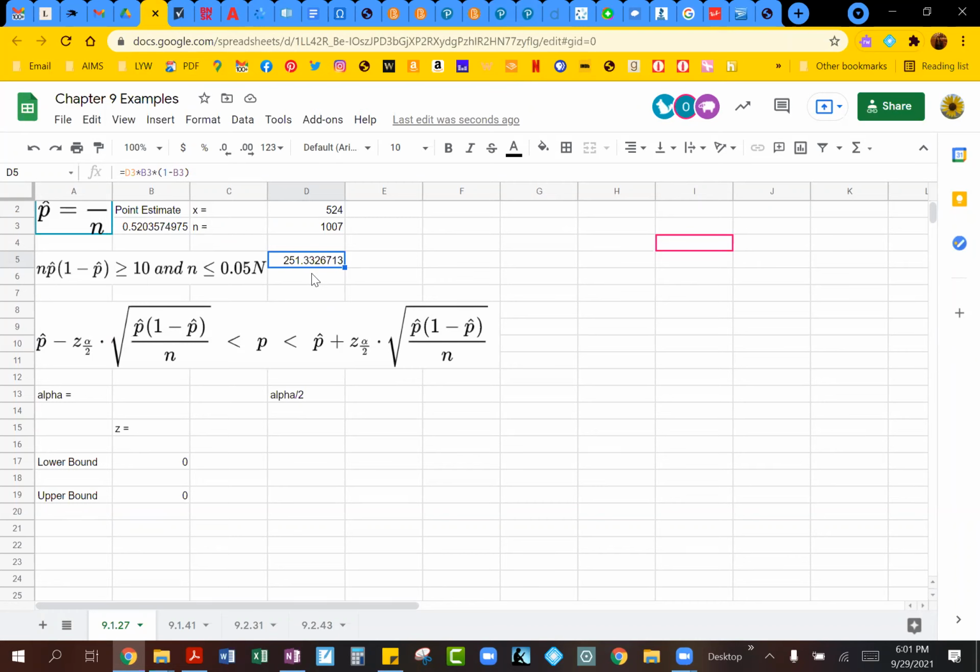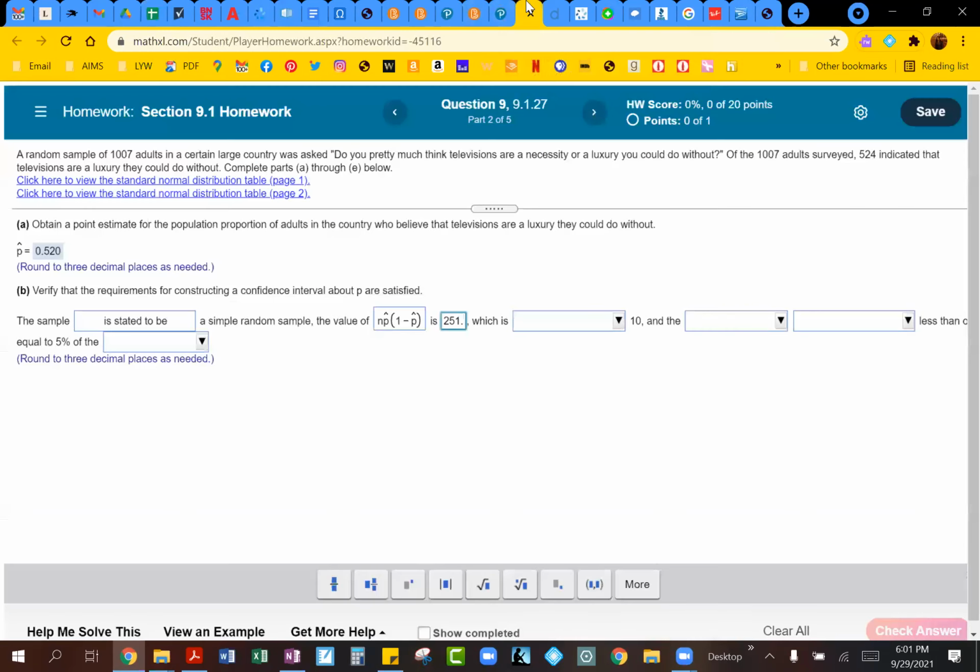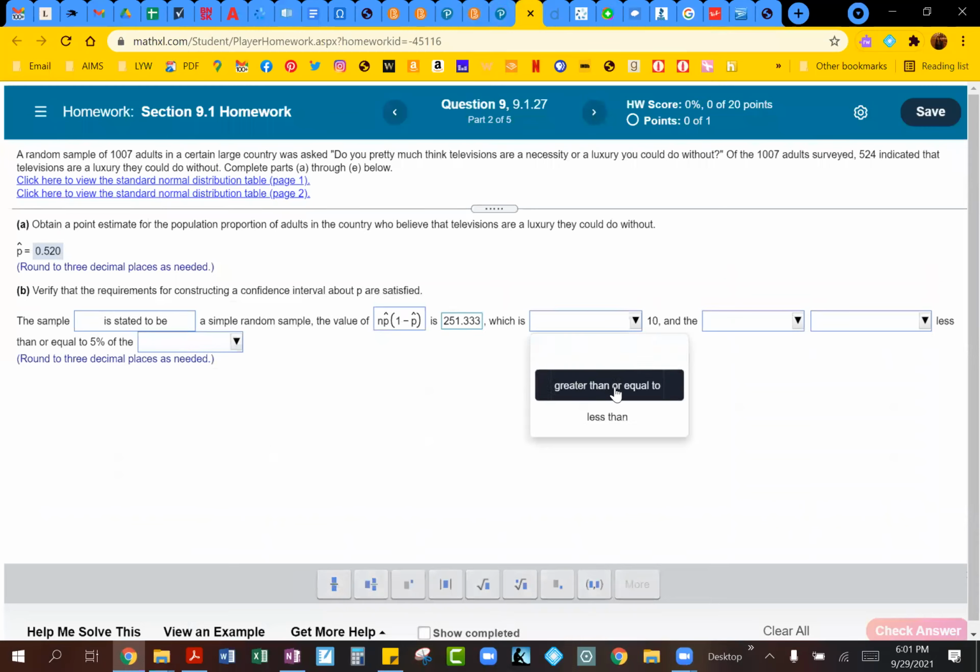So since there's a 6 after the 332, remember with rounding rules, we round up. So this guy becomes 0.333. That's going to be our rounding rule over here, which is of course greater than or equal to 10 as the requirement is telling us.